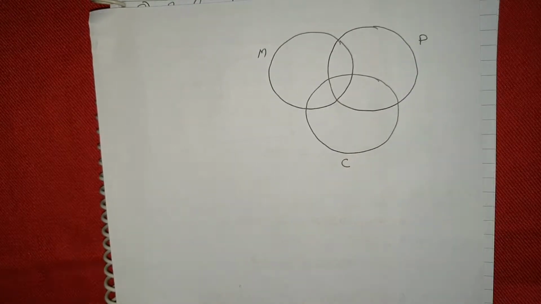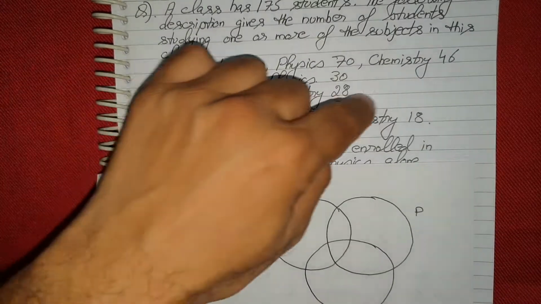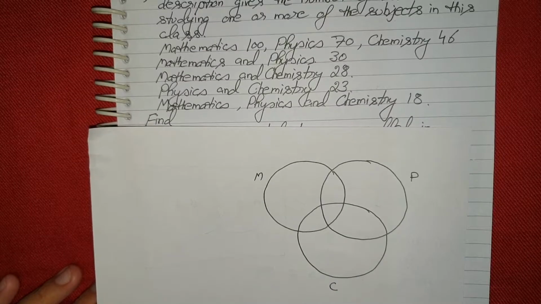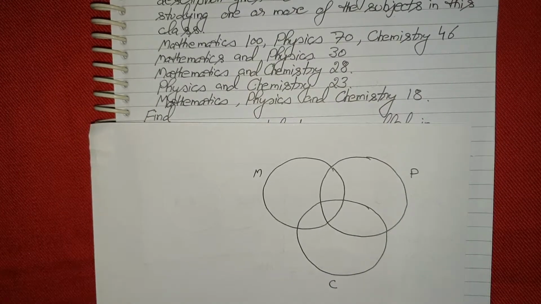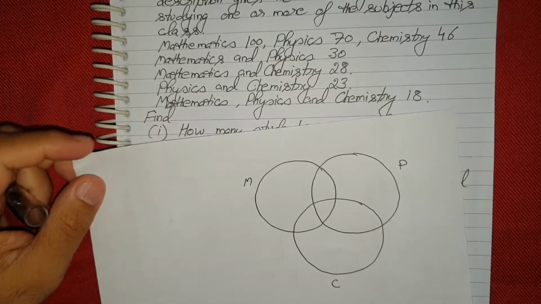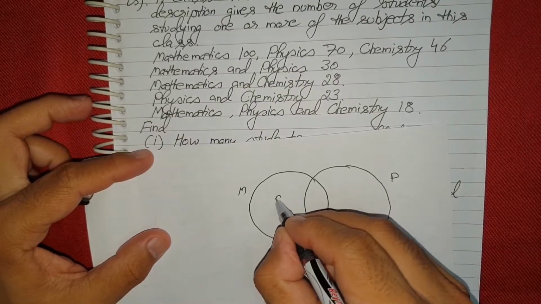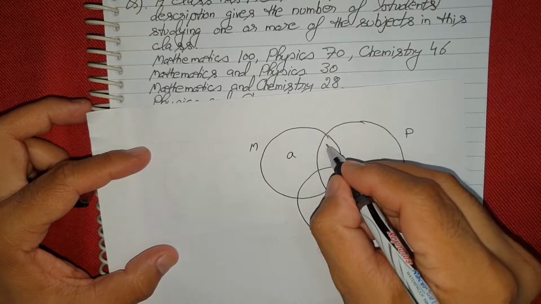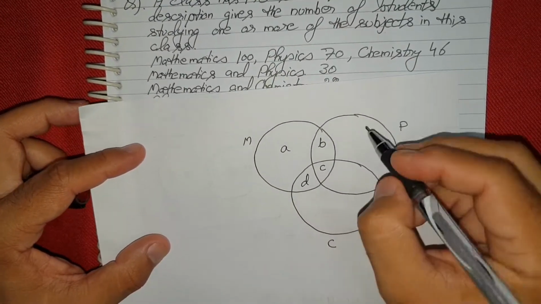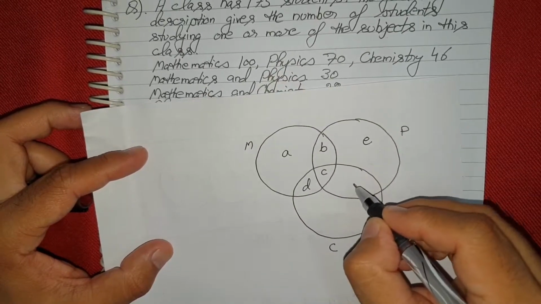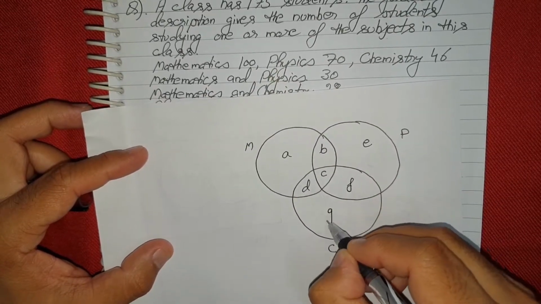Now, these values I will be writing as A, B, C, D, E, F and G, and then we will make equations and solve for them.